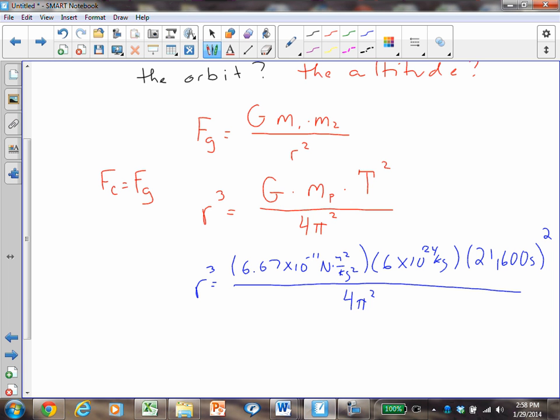I get r cubed. You could try it on your calculator too. 4.73 times 10 to the 21 meters cubed.